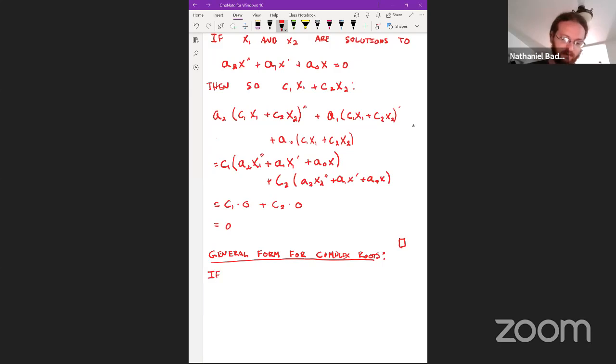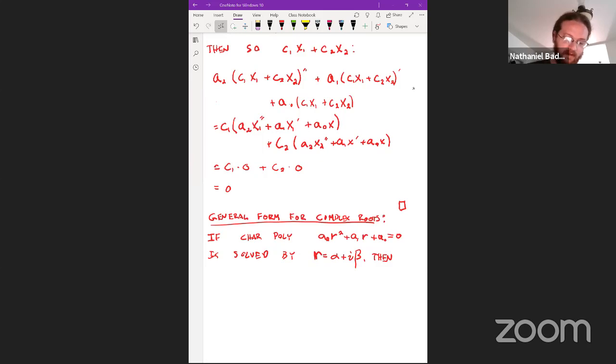If the characteristic polynomial a2 r squared plus a1 r plus a0 equals 0 is solved by something like alpha plus i beta, then the general solution is, and you can go through and prove this yourself, I'd say it's a good little exercise, but basically you can just write down the solution, do the complex analysis.